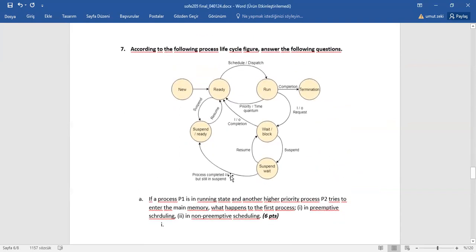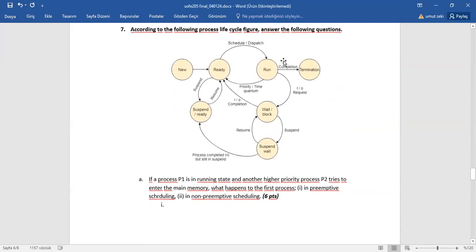The question is question 7. It is related to the process life cycle. We did this in the midterm, and I asked again. The question was very easy here.